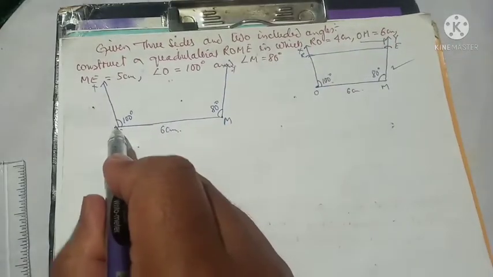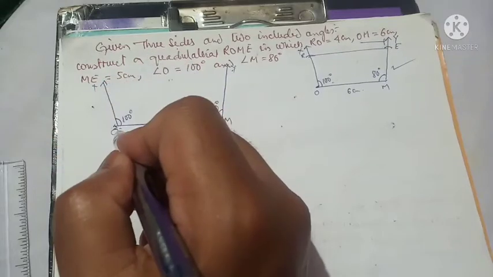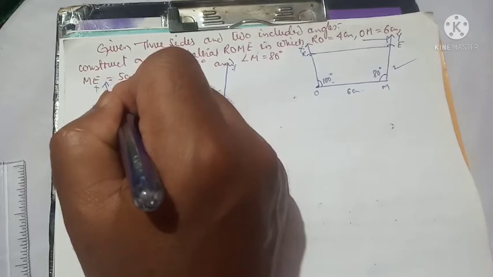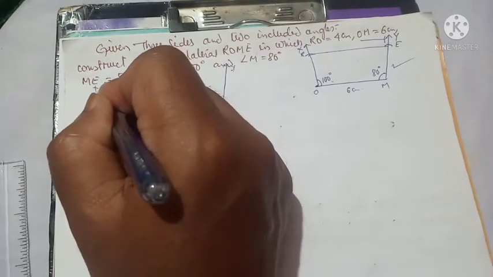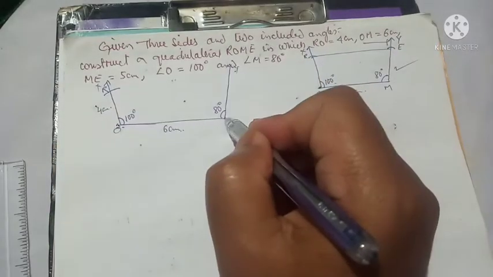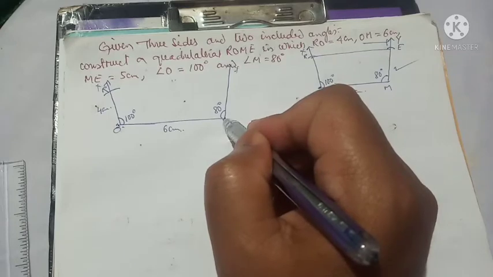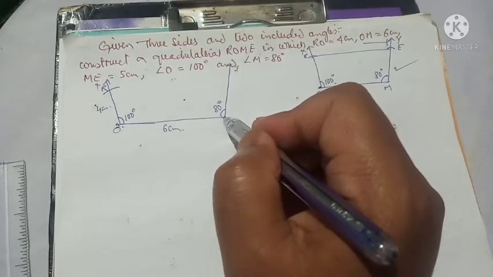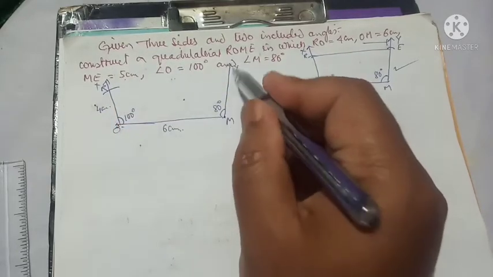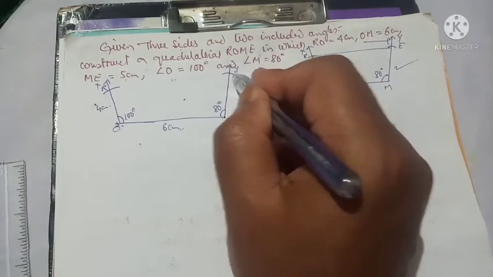Then taking O as the center with a radius of 4 centimeter, we draw an arc at the ray OX and intersect the OX at the point R. Here is 4 centimeter. And here again from the point M as a center with a radius of 5 centimeter, we draw an arc on the ray MY that intersects at the point E here.